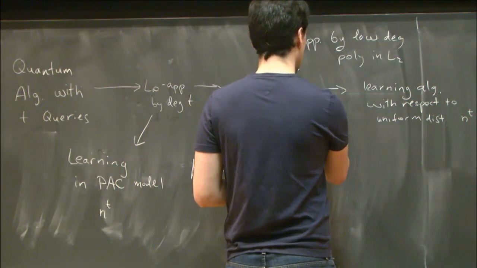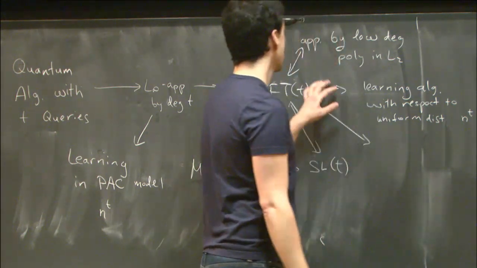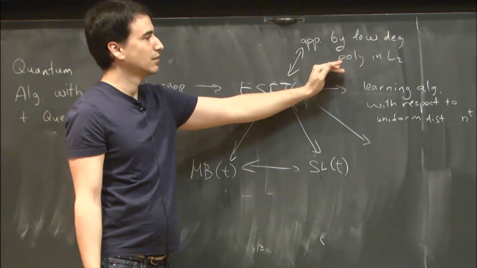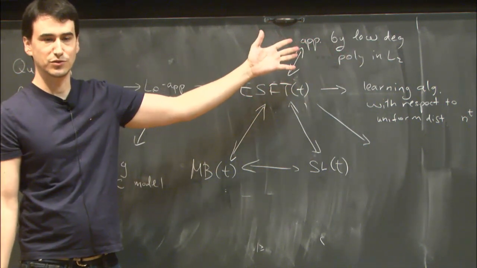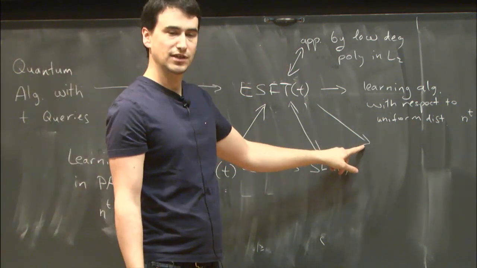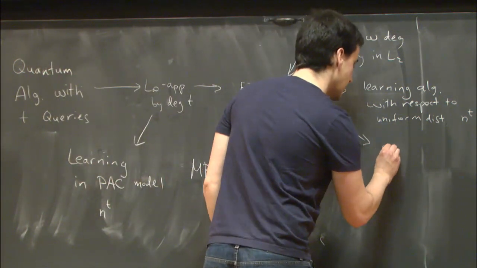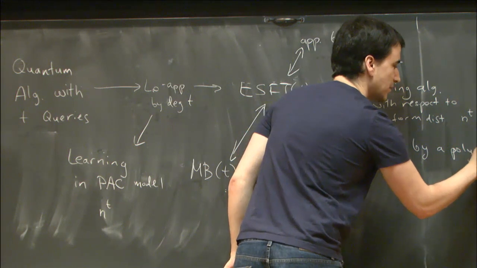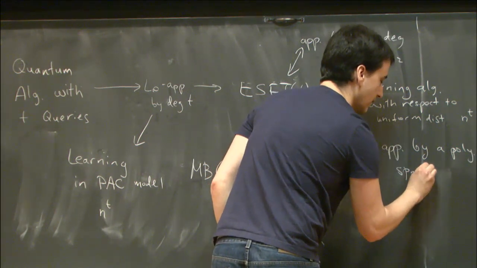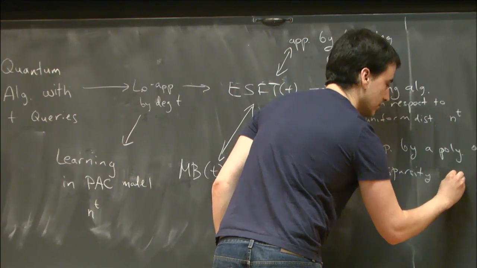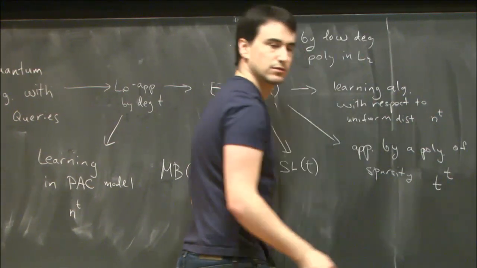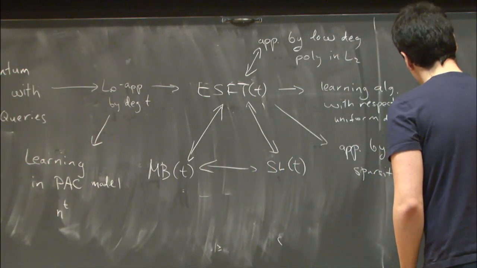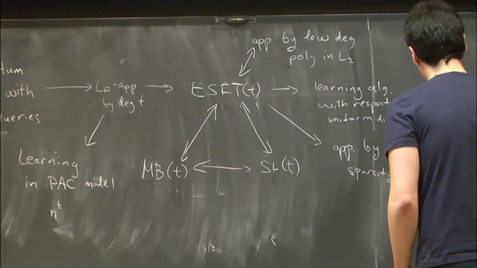It also implies, okay, so here we said that you can be approximated by a degree t polynomial, more or less. So how many monomials do we have in degree t? We have roughly n to the t. But in fact, this implies something even stronger. It implies that you can be approximated by a polynomial of sparsity something like t to the t. And if you want some dependency on epsilon, it's something like t to the t to the log 1 over epsilon.